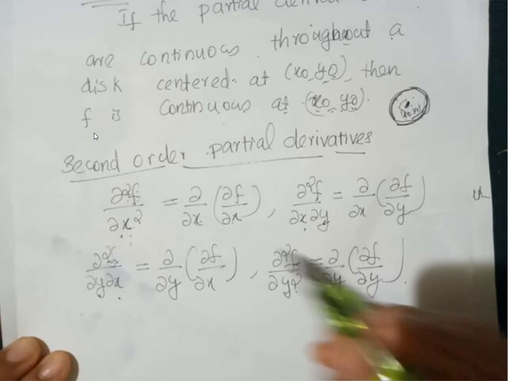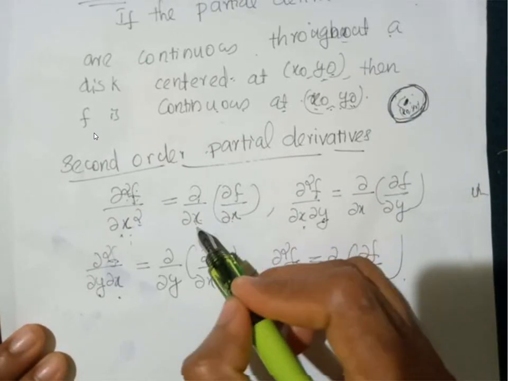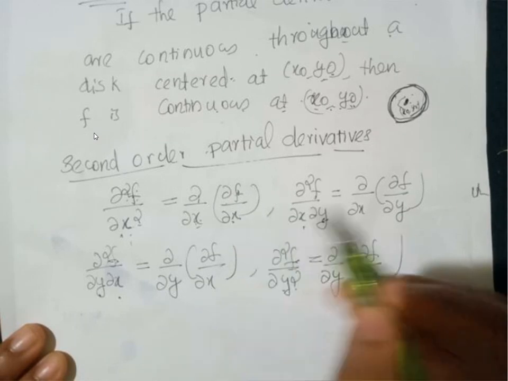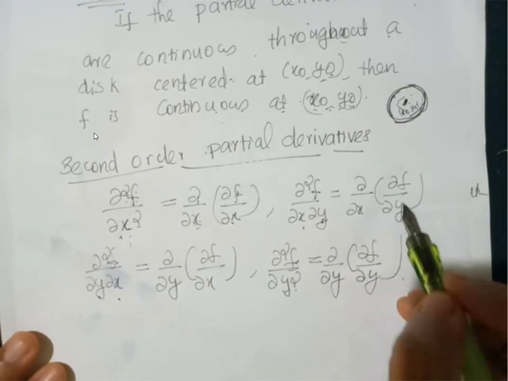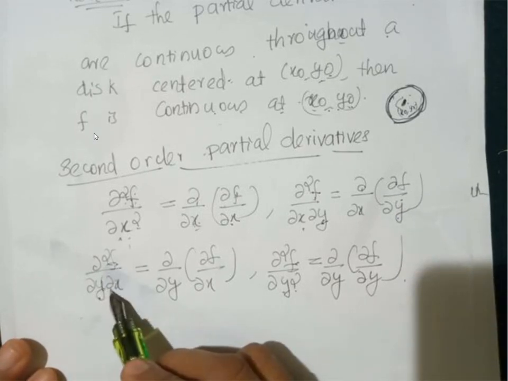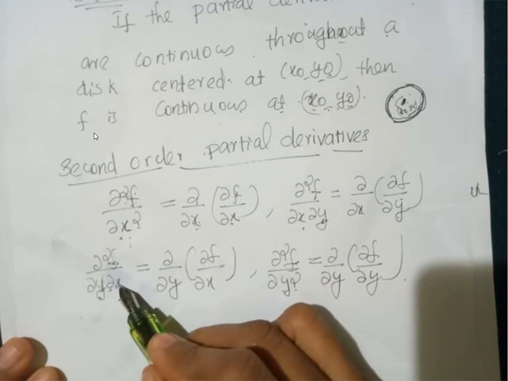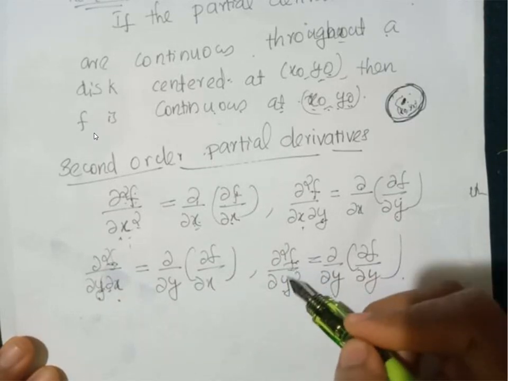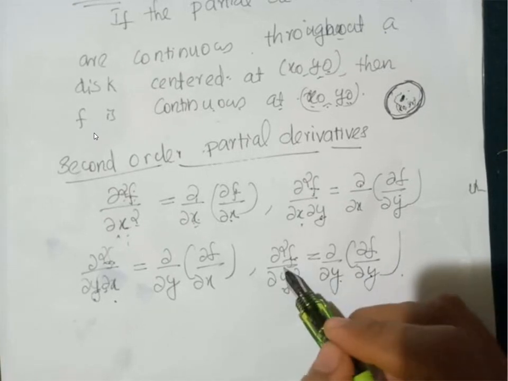Dou square f by dou x square is dou by dou x of dou f by dou x. Dou square f by dou x dou y is dou by dou x of dou f by dou y. Dou square f by dou y dou x is dou by dou y of dou f by dou x. And dou by dou y of dou f by dou y becomes dou square f by dou y square.